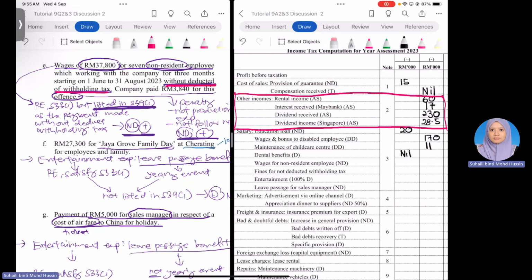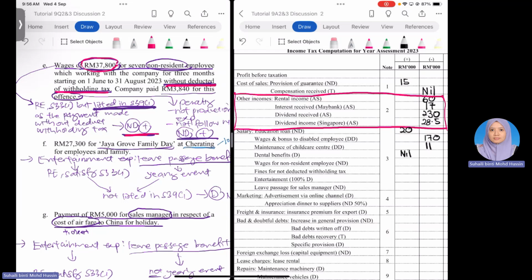But the company forgot to deduct withholding tax, so automatically the amount that they recorded in the SOCI, 37,800 ringgit, becomes non-deductible because you are not following the rules. It's actually normal expenditure when you pay wages to the non-resident employee. But when you forget to deduct withholding tax, you are breaking the law.